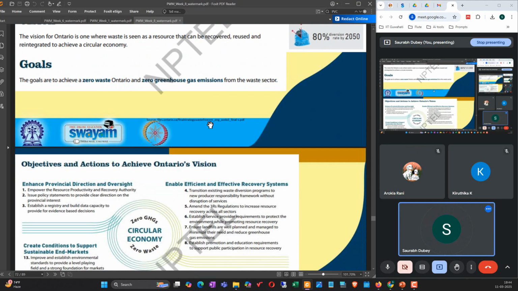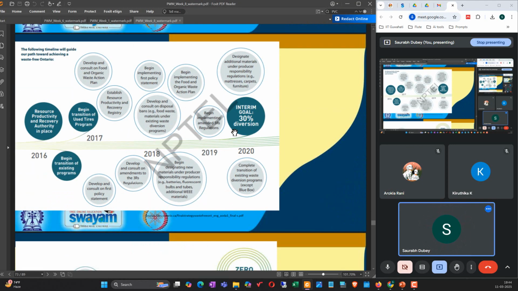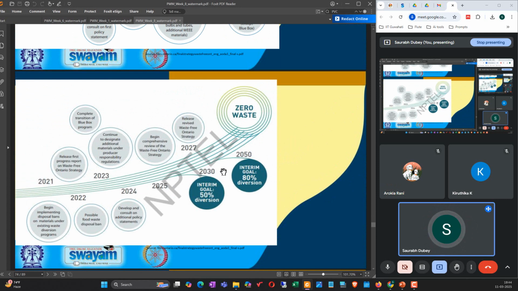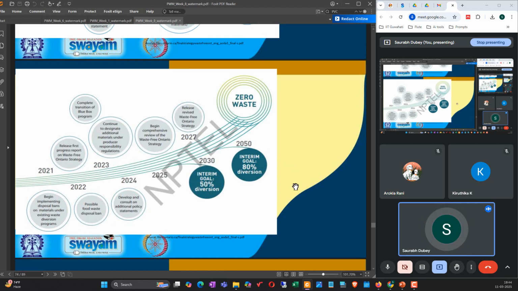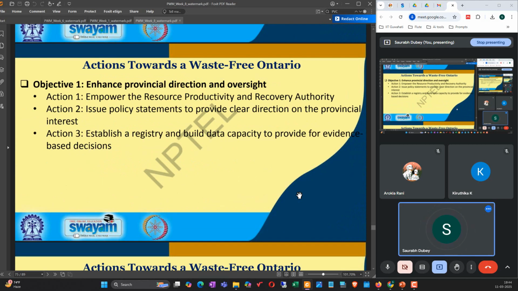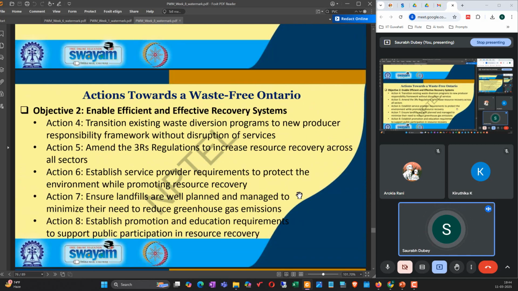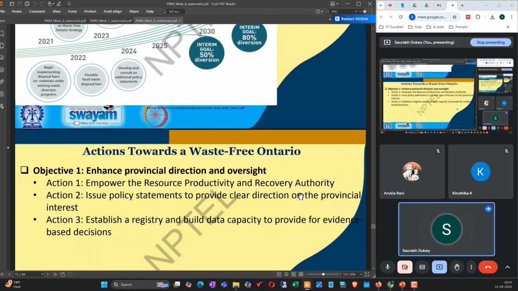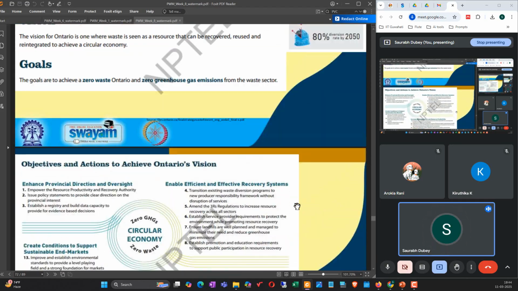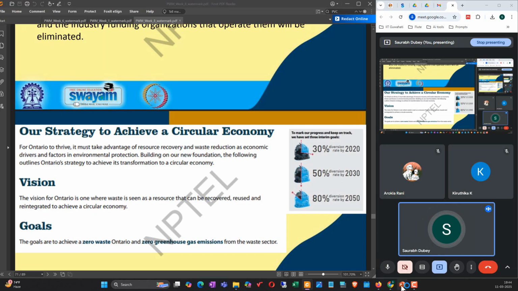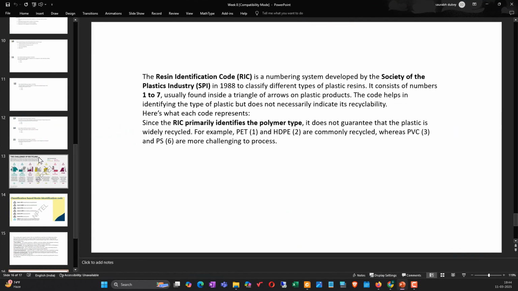So these are some of the changes, some of the zero waste predictions based on that for Ontario. So these were the case study of Ontario, another case study of Unilever, right? So let us go for the question that we had.